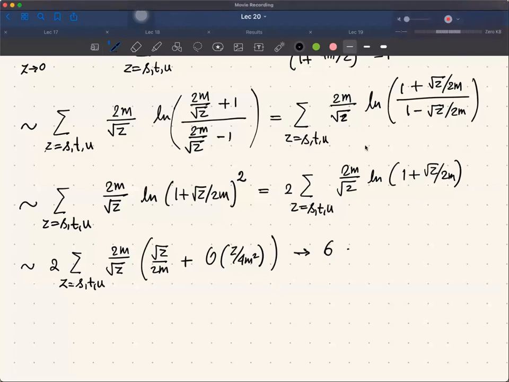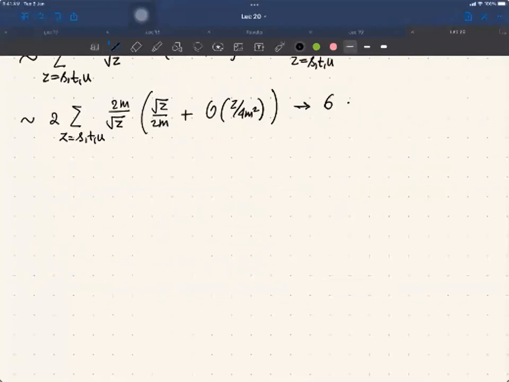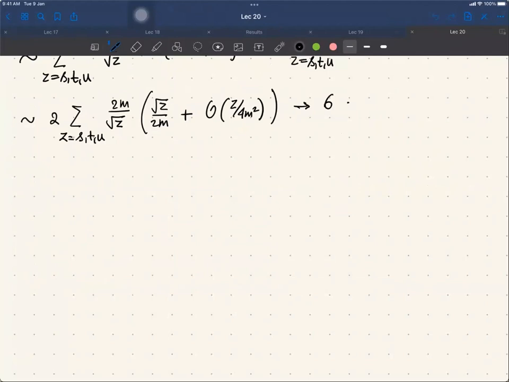Let me now discuss one more renormalization scheme. This one is called the minimal subtraction scheme.